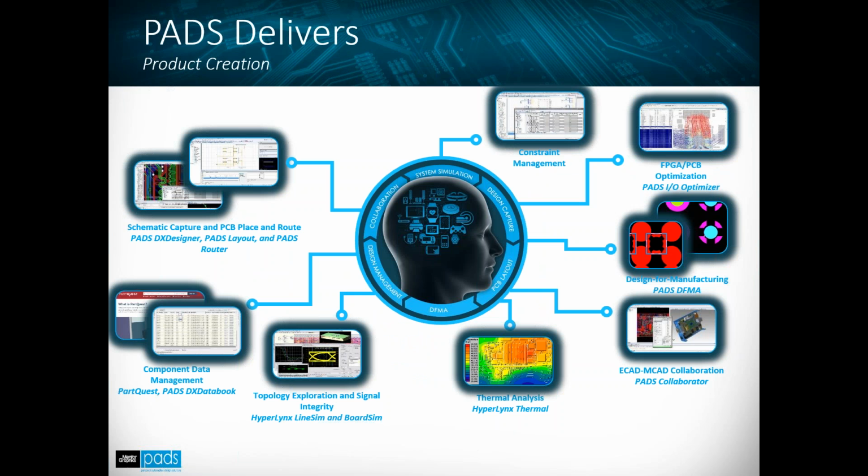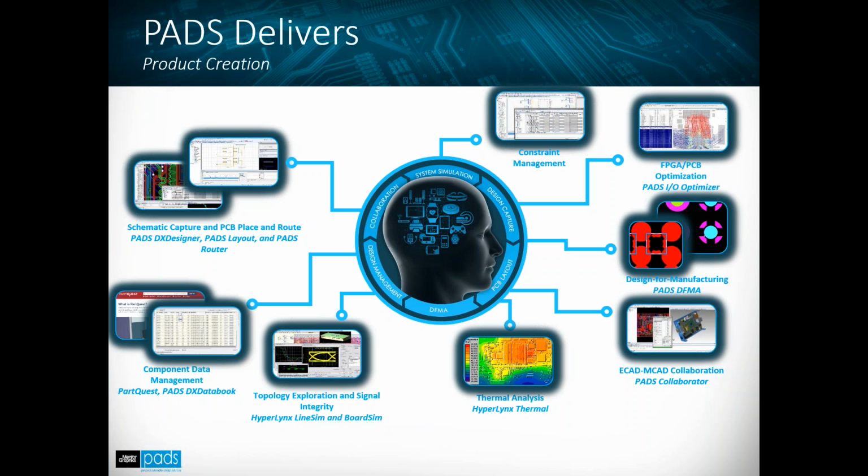Here is just a good wheel that shows what PADS can offer us today. For the product creation platform, we can do obviously schematic capture, component data management with PartQuest and Databook, some simulation for topology exploration with HyperLynx. Thermal analysis is included in PADS Standard Plus. It does a great job of board level, quick level checks.